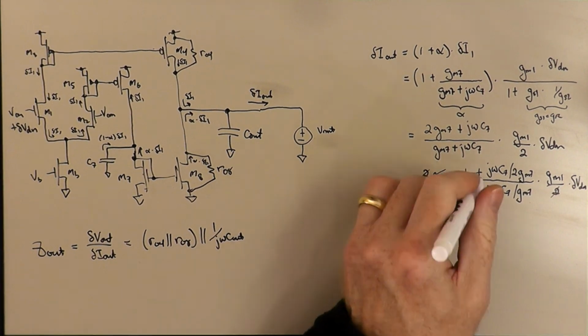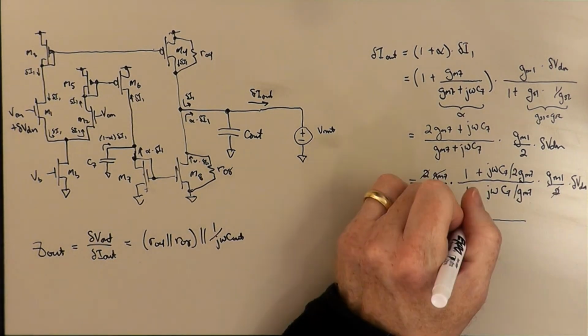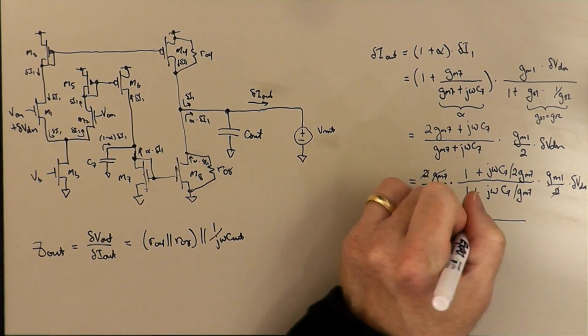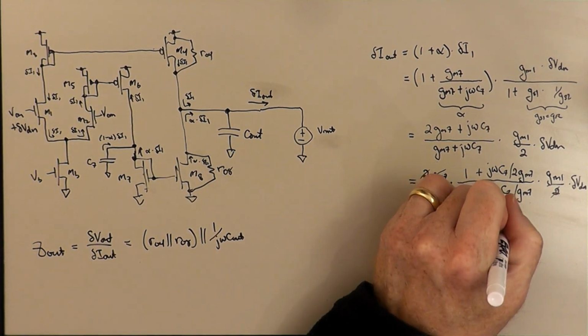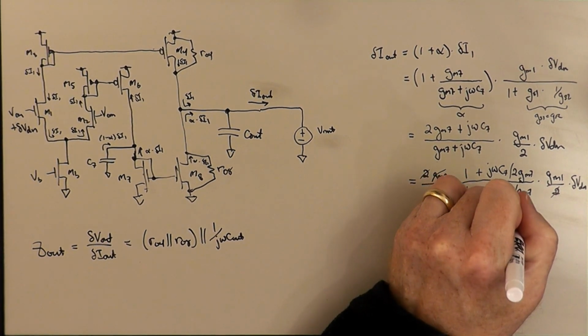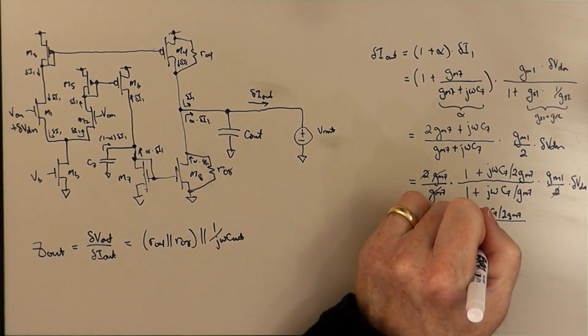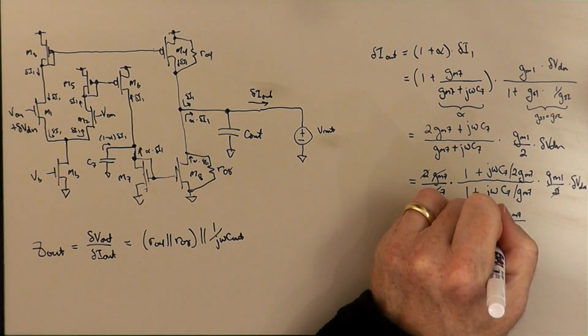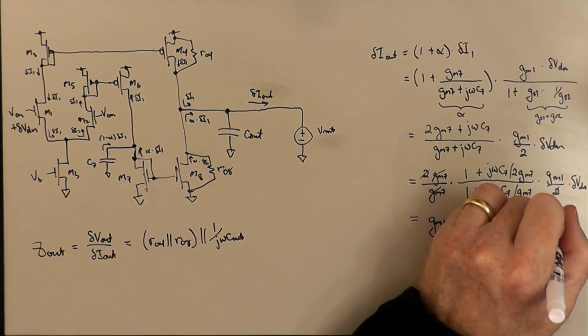And then we have this rational function, this bilinear function, which is 1 plus j omega c7 over 2 gm7. And downstairs we have a 1 plus j omega c7 over gm7 times delta VDM.